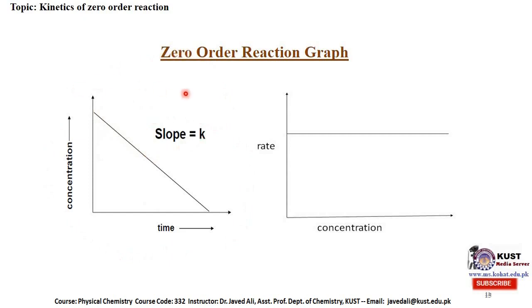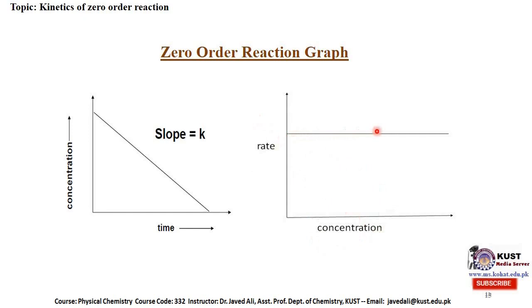We can also determine the rate of reaction by plotting rate of reaction versus concentration. As we know, the rate of reaction is independent of reactant concentration, so we will get a straight line with zero slope.